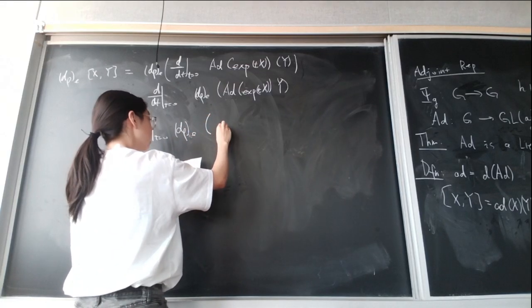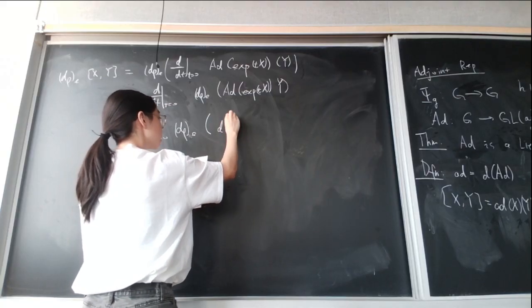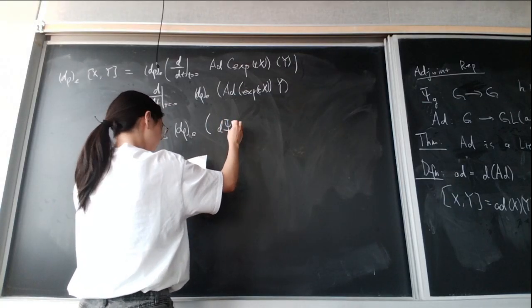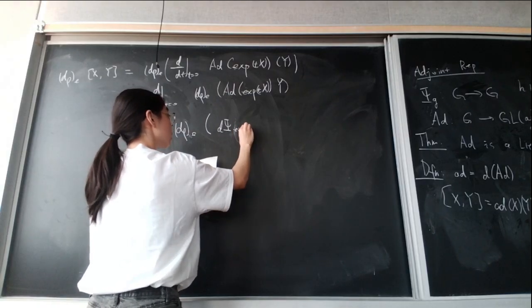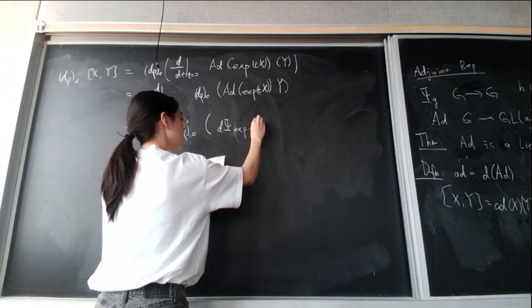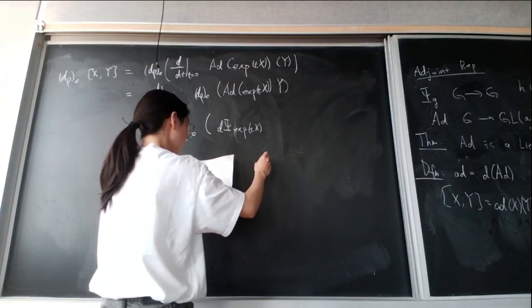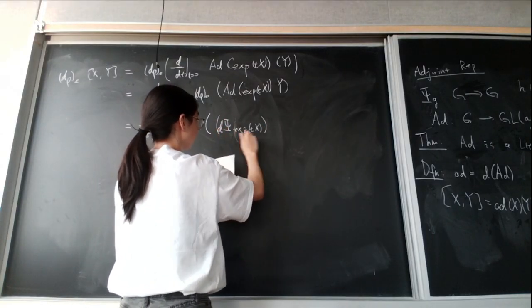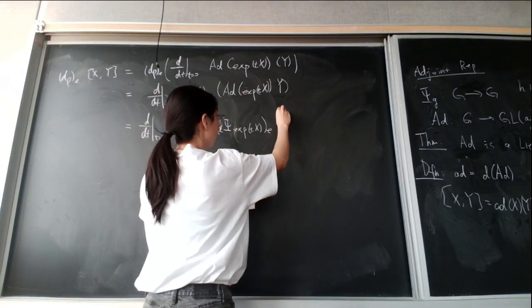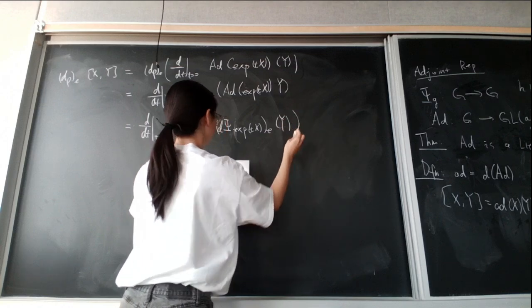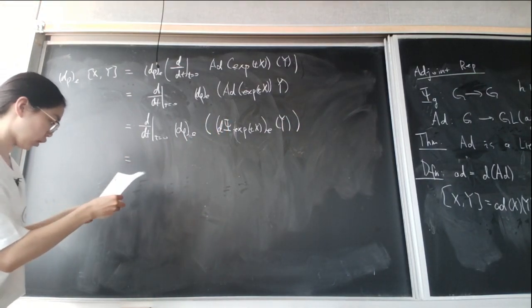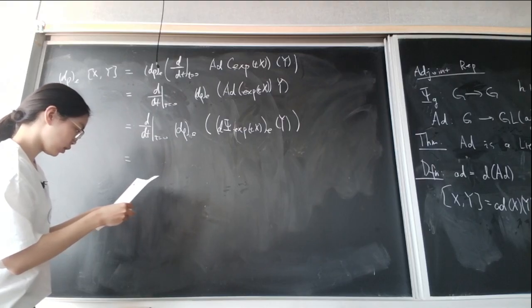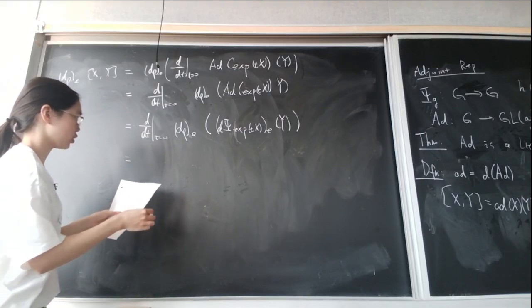Which is just the derivative of conjugation by exp(tx), the derivative of this at identity applied to y. Yes, and then we applied the chain rule again.